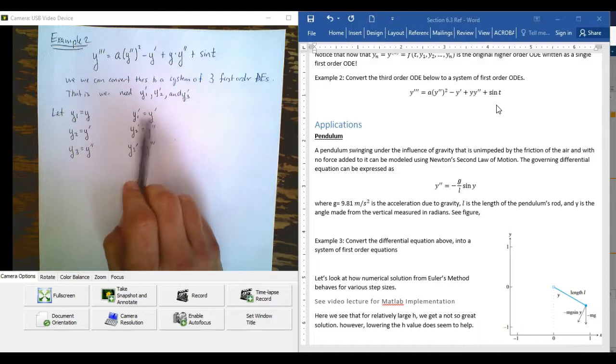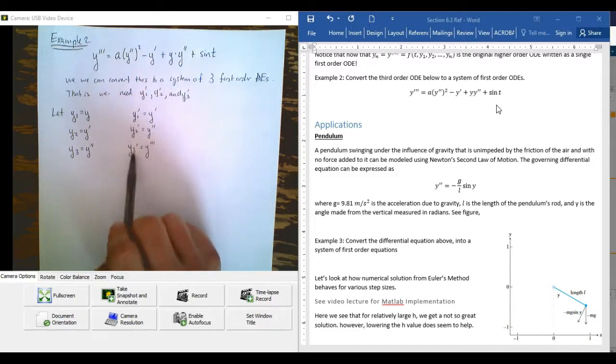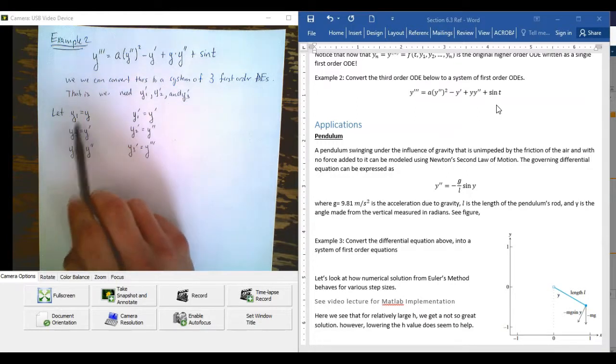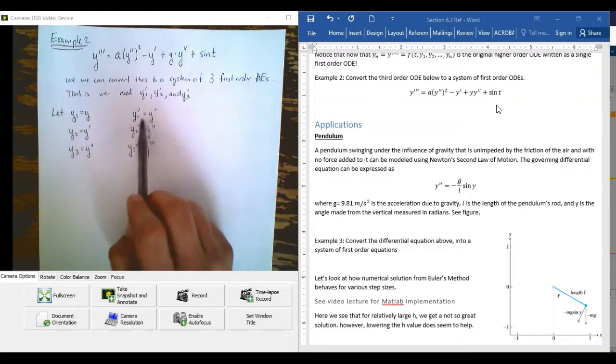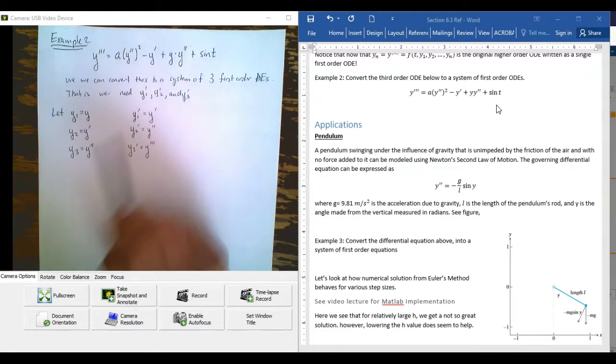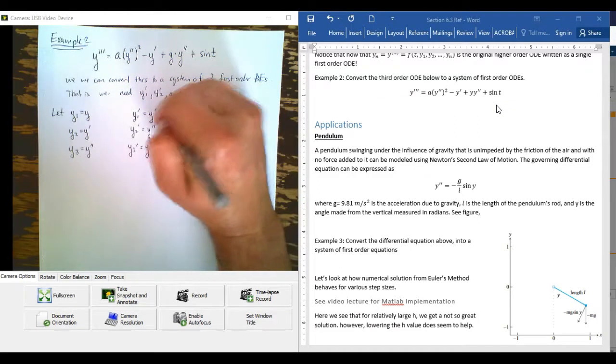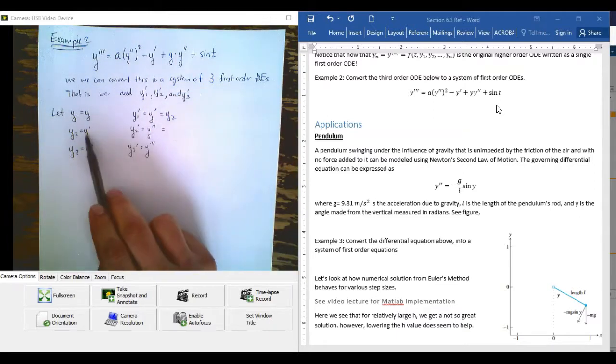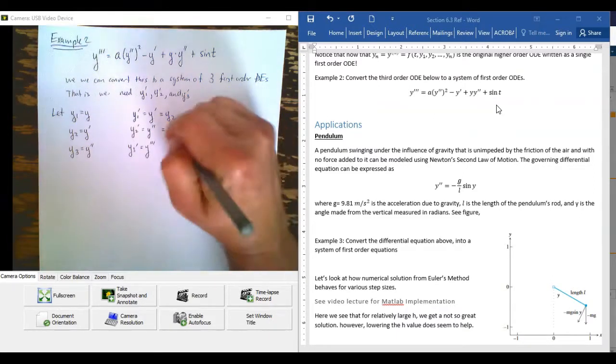But notice here that these are not first order equations, right? These terms involve higher order derivatives. So what we want to do is revert these back in terms of y1, y2, and y3. So what is y prime equivalent to? y2. Y double prime is equivalent to y3.